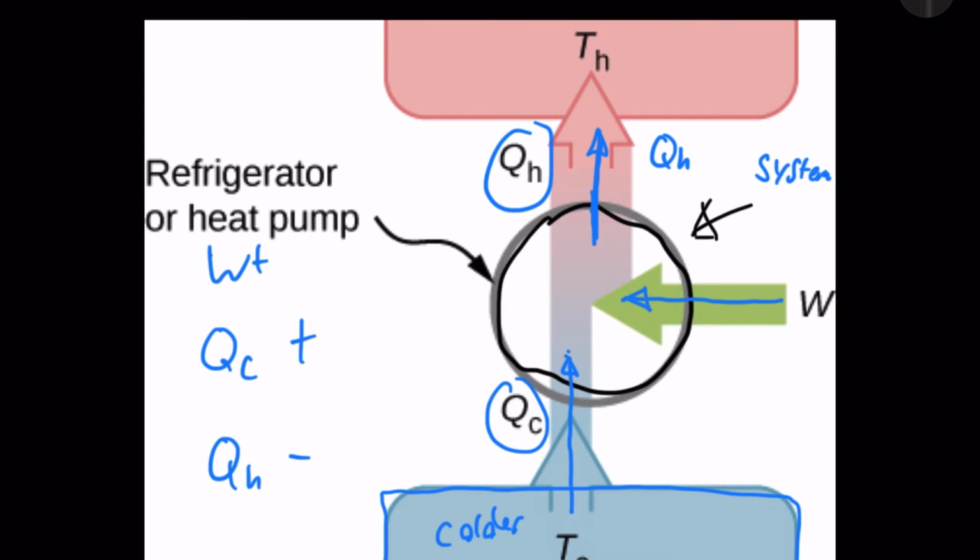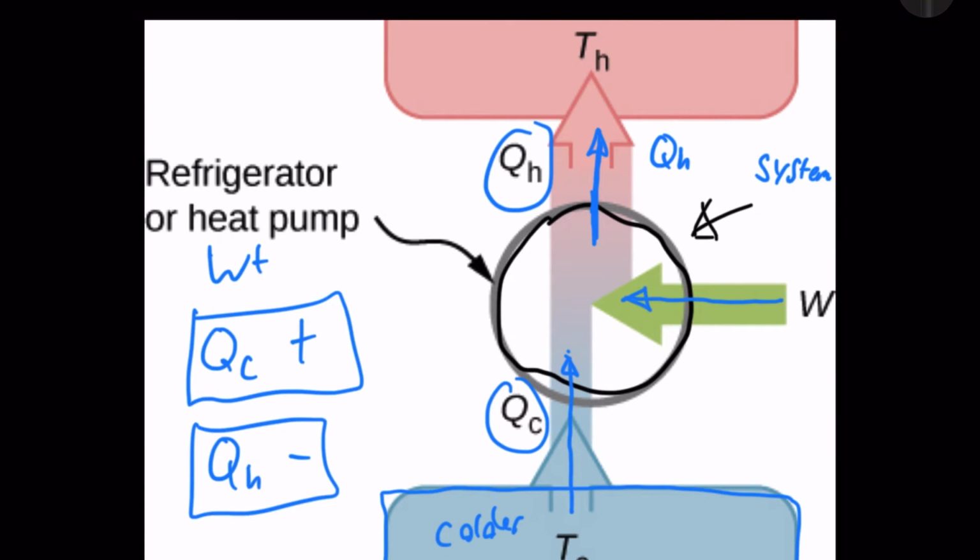We're putting it out into the air or the room, whatever you're throwing it out to. You just want to make sure that the ice box is cold and the rest of the area that's taking all that heat is going to be hot. So QC in this example is positive, QH is negative, and the work introduced into the system is positive. That's how this system works.